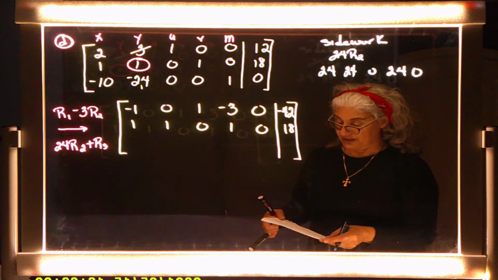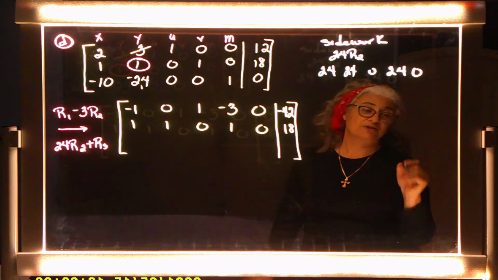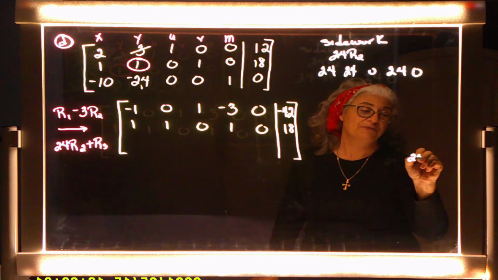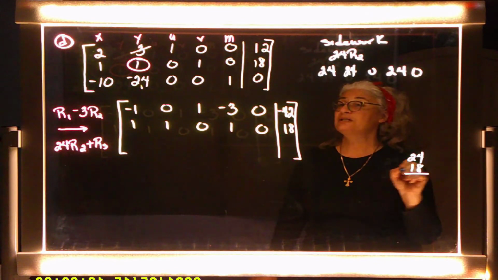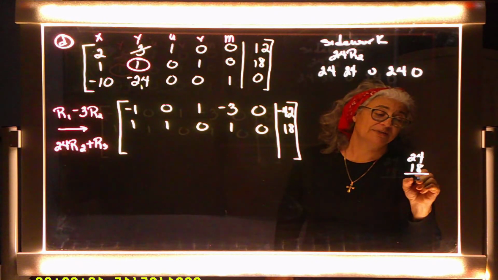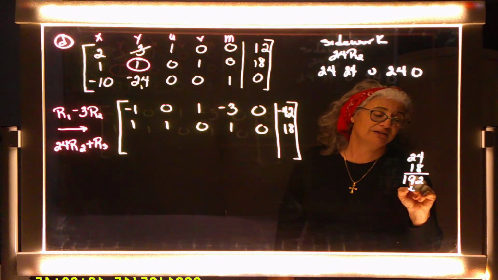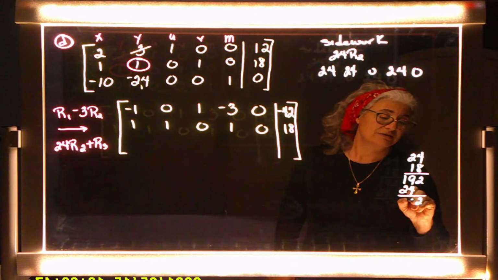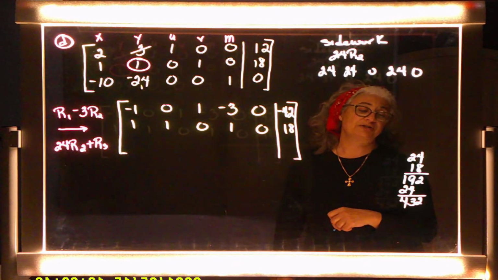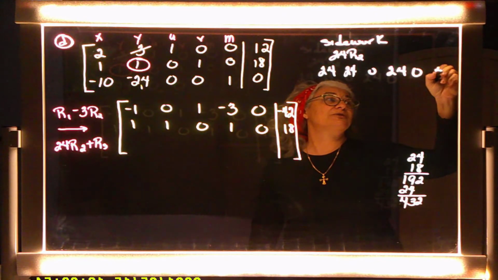I don't know what you got, but yeah, I got to redo my work. Why? Because I forgot to write that down. So forgive me. So 24 times 18. Do it with me. Yeah, I know you guys got your calculators. So 32 and then 3 and then 192 and then 4 and then 2. So looks like I got 432. Did you? Excellent. So this is a 432 over here.